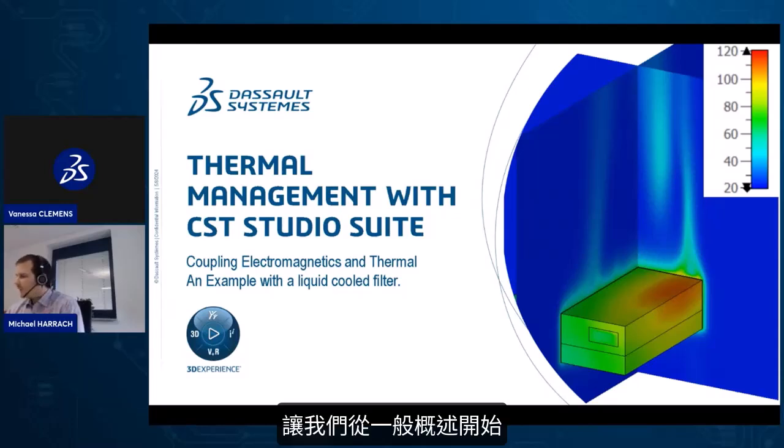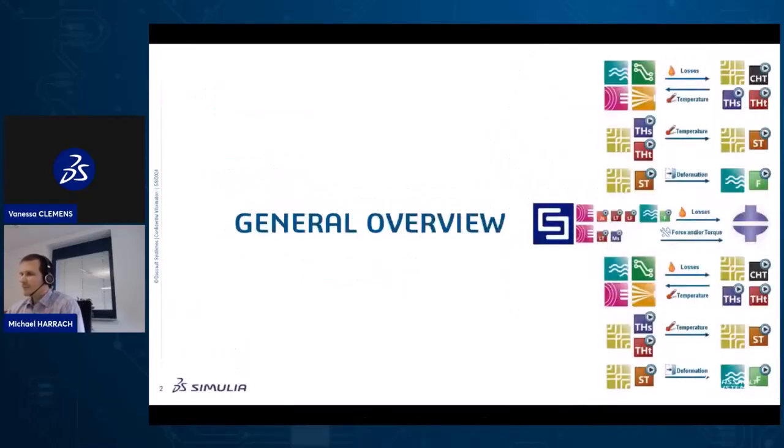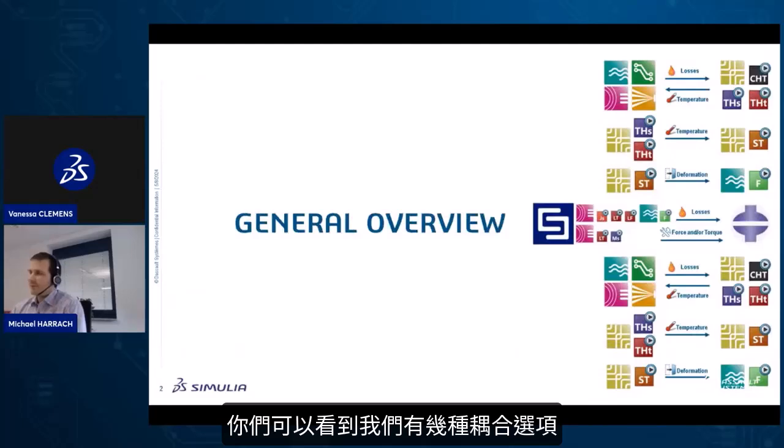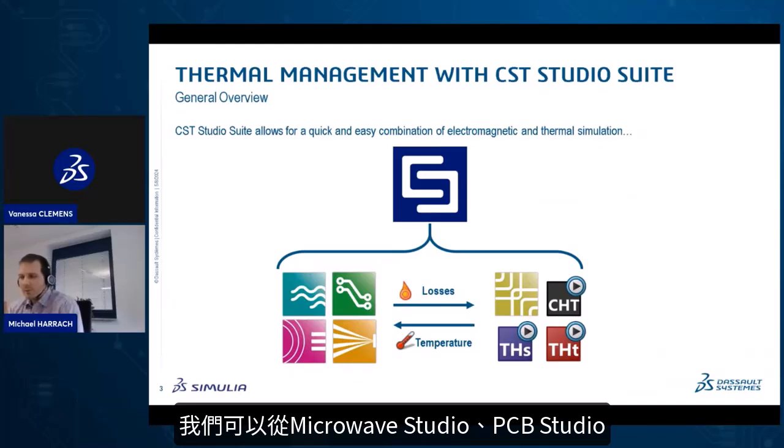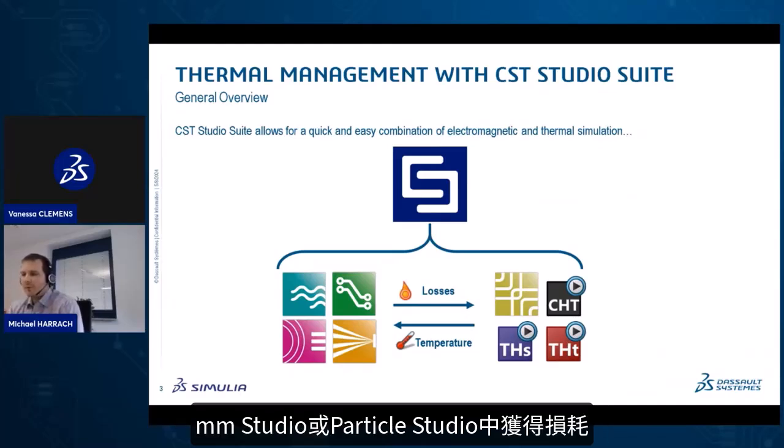Okay, so let's start with the general overview. As you can see already, we do have some options when it comes to coupling. Specifically when it comes to thermal management, we can go from Microwave Studio, from PCB Studio, from EM Studio, or from Particle Studio.